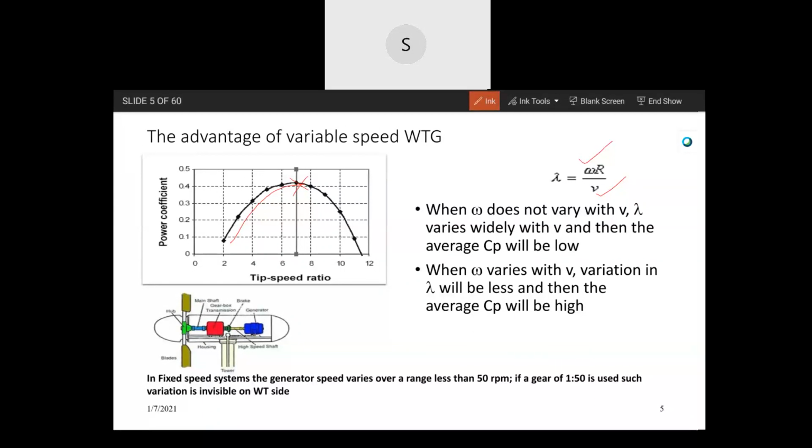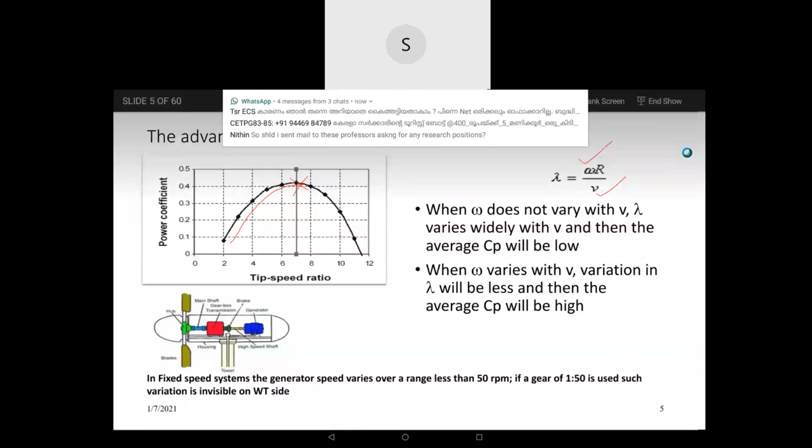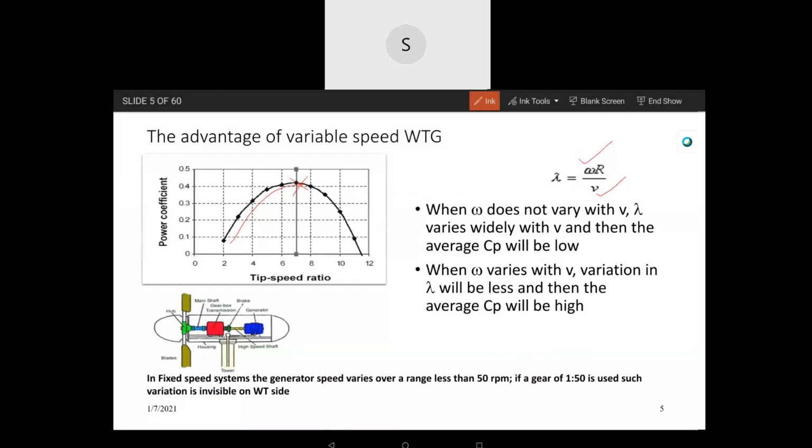Systems where the change in omega, the shaft speed, over the entire range of wind speed is minimal are called fixed speed systems, and WTG systems, wind turbine generator systems, where the shaft speed can considerably vary are called variable speed systems.